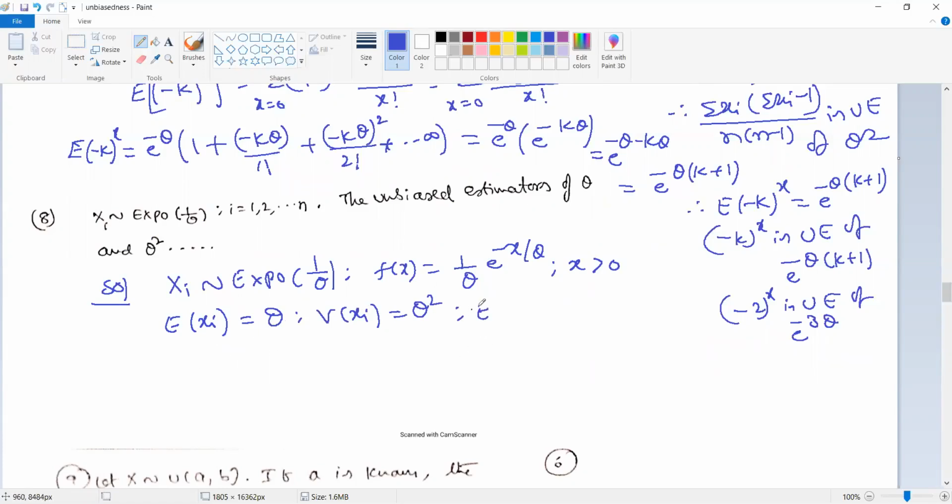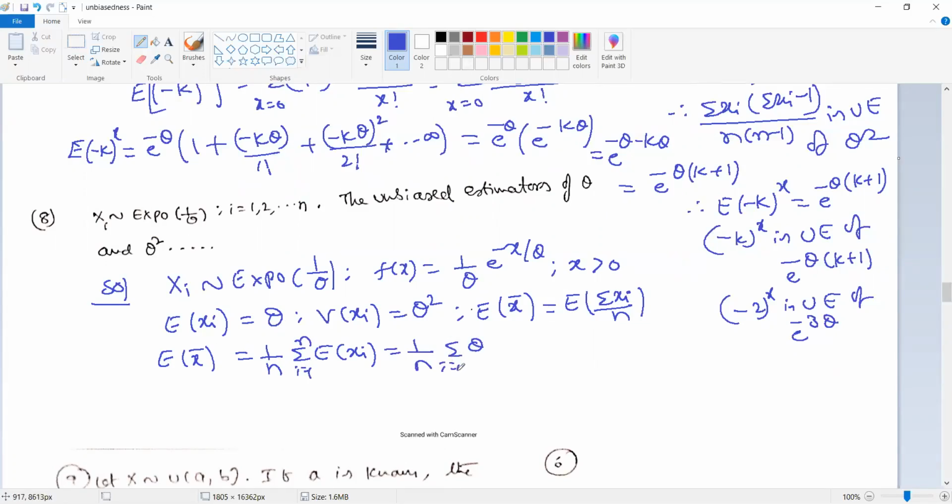Immediately, how do we identify the function of the sample? The suitable function is the sample mean. E of x bar is equal to the expectation of the summation of xi by n. So this is E of x bar equal to 1 by n times the summation of E of xi, for i equal to 1 to n, which is 1 by n times n θ, that is equal to θ.